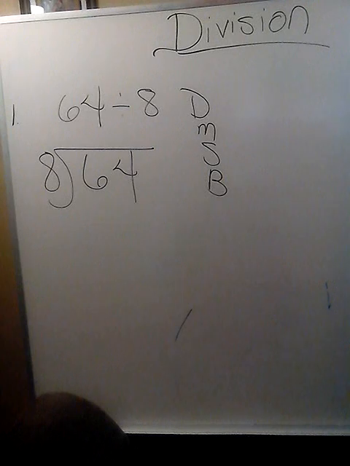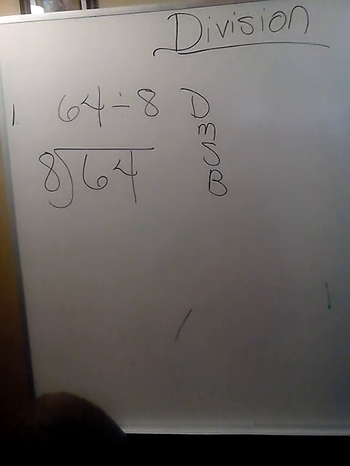So how many groups of 8 can we get out of 64? That's what we're asking. So we're going to figure that out. And that answer will be called our quotient. That's in your vocabulary words as well.